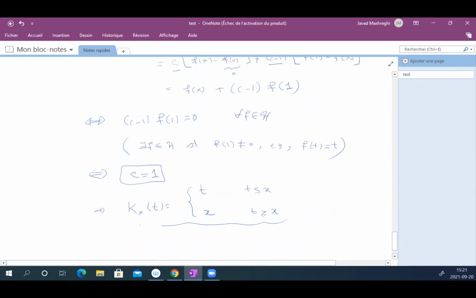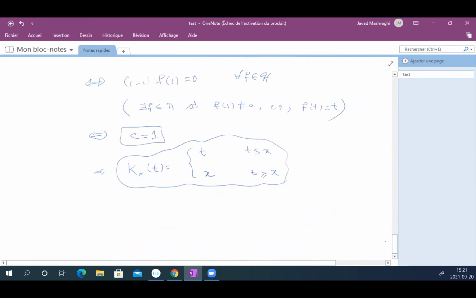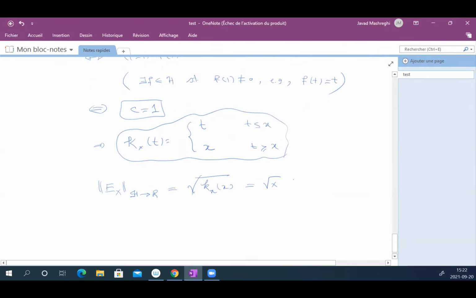So that's the formula we obtain for little k. And now the norm of evaluation at x as an operator from H to R is the root of k_x at the point x, which is the root of x. So incidentally, the estimation we obtained before is optimal, but there was no proof at that point. Now we have the proof. So it is optimal and we are done.